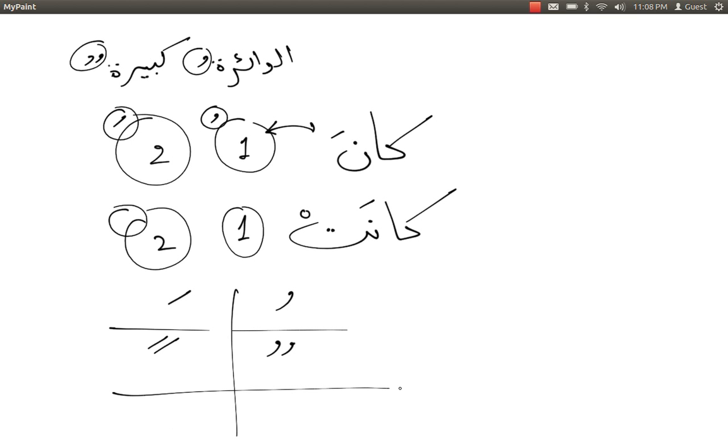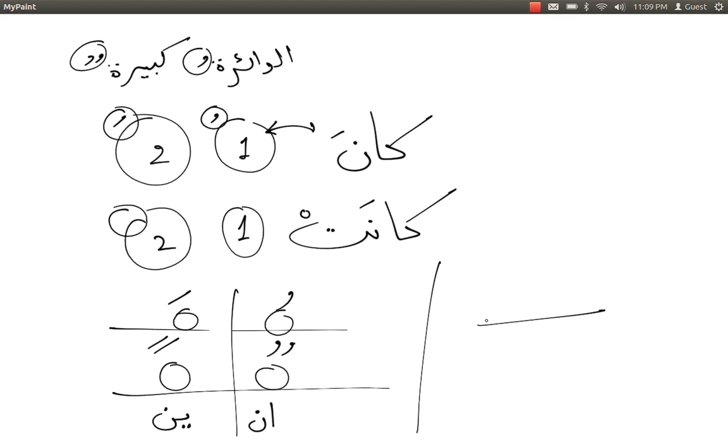In the case of dual, if it ends with alif and nun, that's equivalent to the dhamma, and if it ends with ya nun, this is equivalent to fatha. And one type of the masculine plural would have an ending either with waw nun, which is equivalent to dhamma, or ya nun, which is equivalent to fatha.